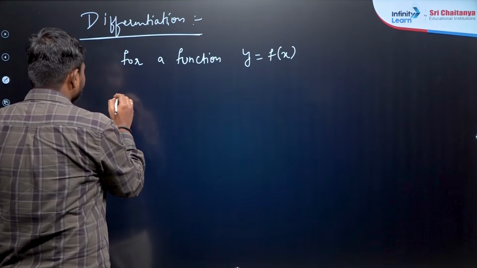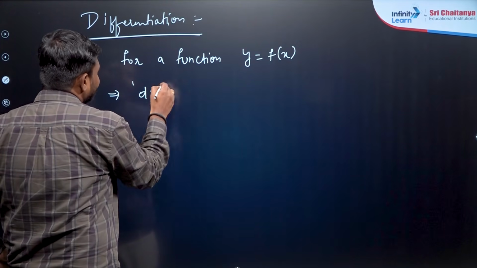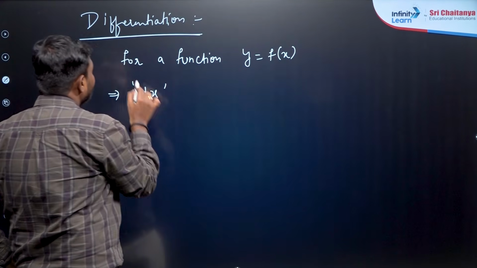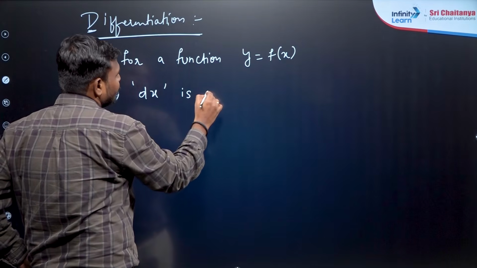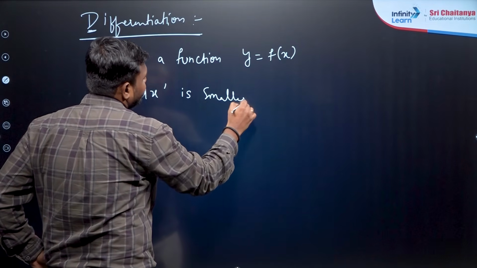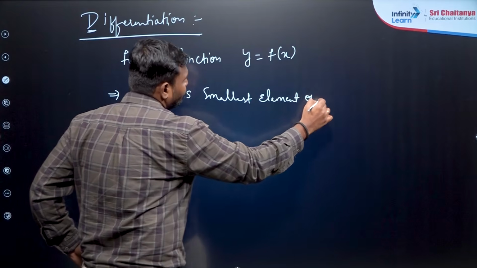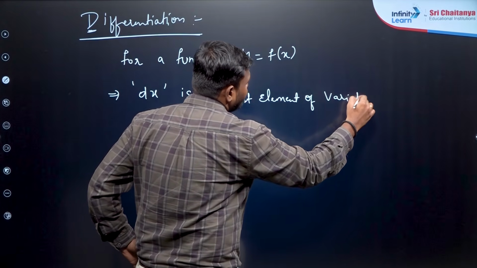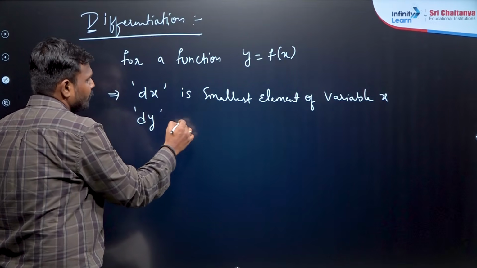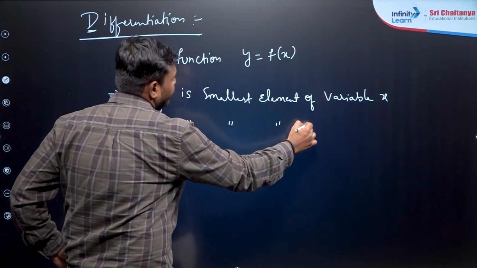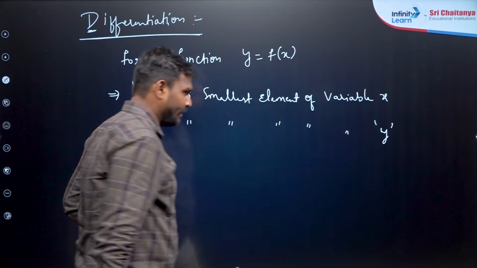So for this function, whenever I write the letter small d with a variable, dx is the smallest element of variable x and dy is the smallest element of variable y. So what do I mean by that?